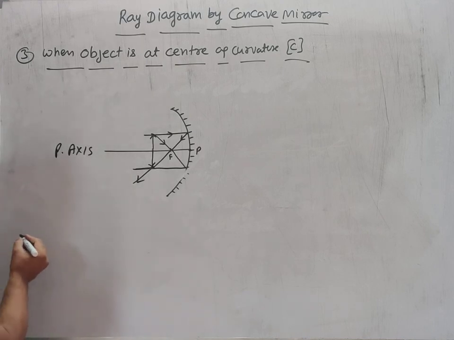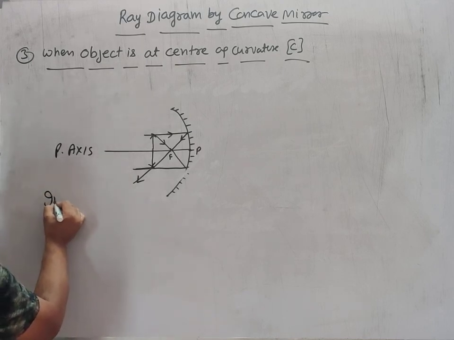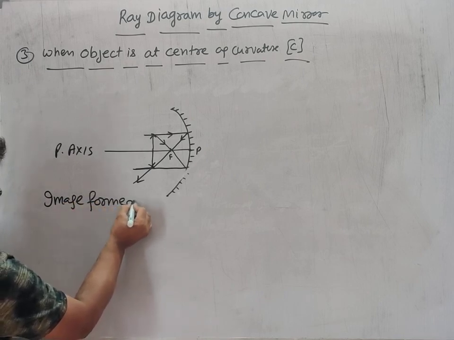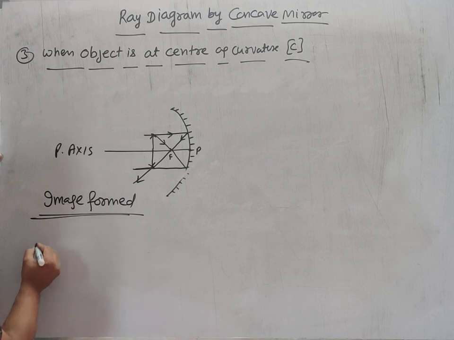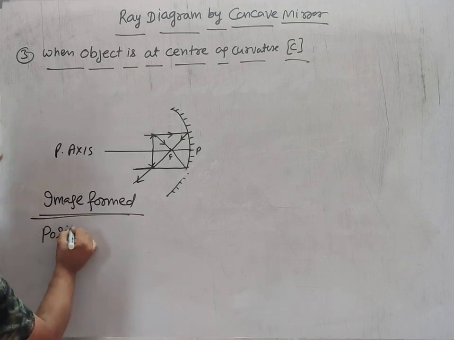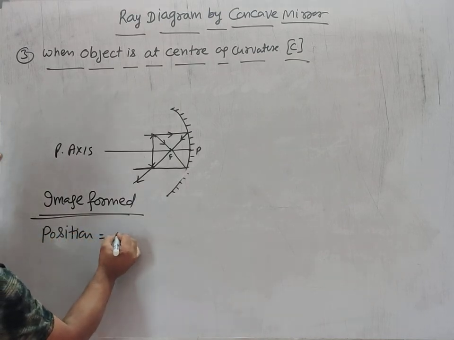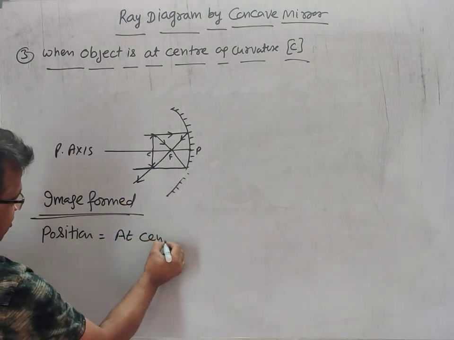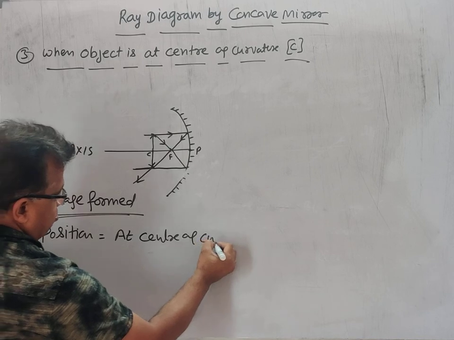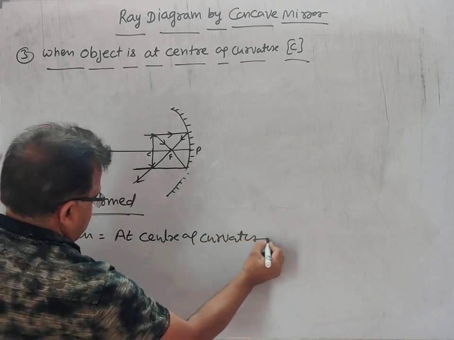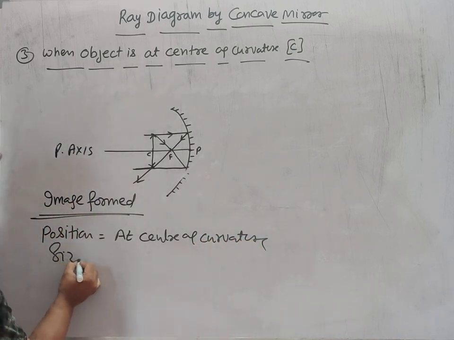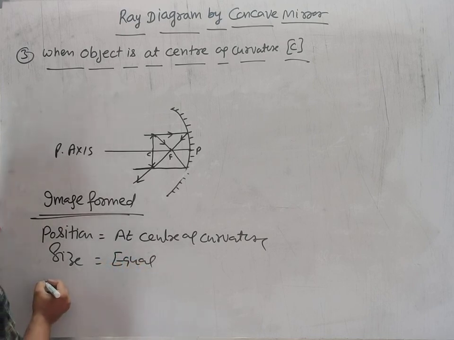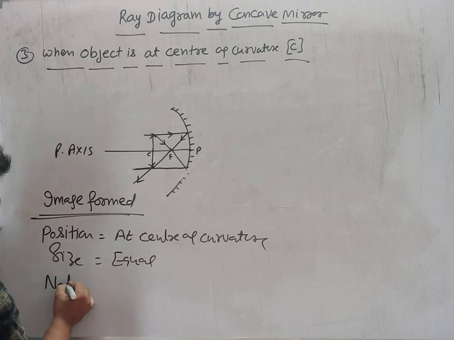So what about the image? What is the position or place where it is formed? At the center of curvature. What is the size of the image? Equal to the object, or same as the object. And what is the nature?